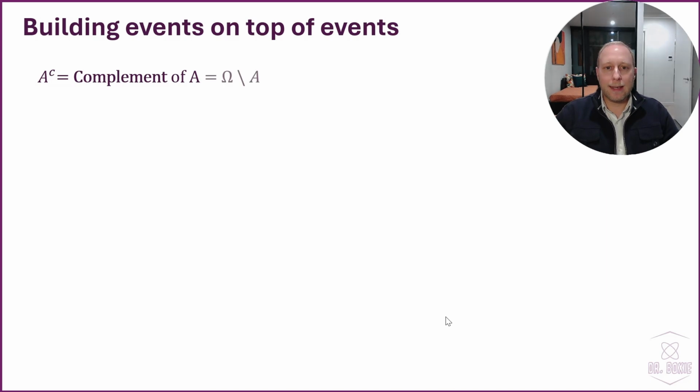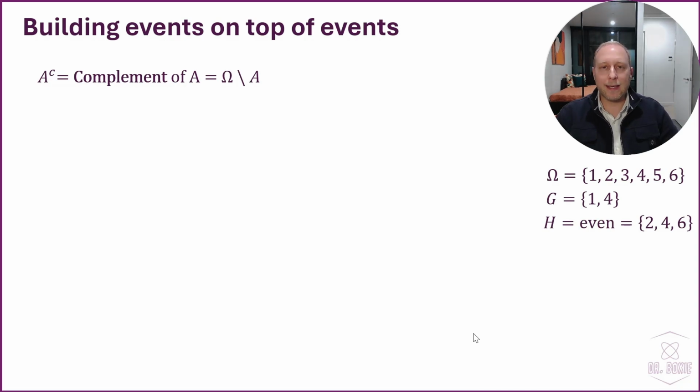That means that it is the event of all the elements of omega, the sample space, except for those that are in A. So for instance, if we think again of omega as being the sample space of throwing a die and G is the event of throwing a 1 or a 4, the complement of G is not throwing a 1 or a 4. In other words, it's throwing any of the other possibilities, which is a 2, a 3, a 5, or a 6. So that is the complement of an event.